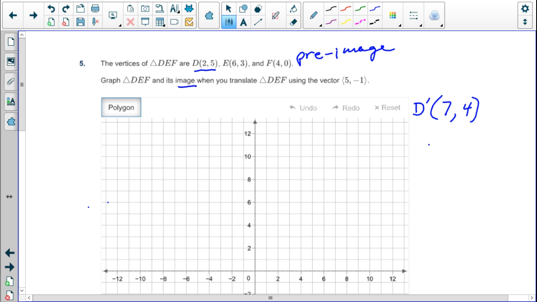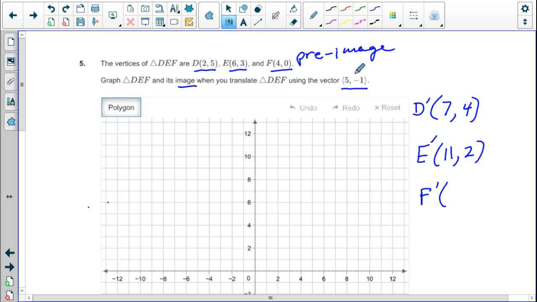So then my E prime, again, you take your 6 and your 3, and we're going to add 5 and subtract 1. So 6 plus 5 is 11, and 3 minus 1 is 2. So that gives us our E prime. And then our F prime is going to be, again, we have our 4, 0.